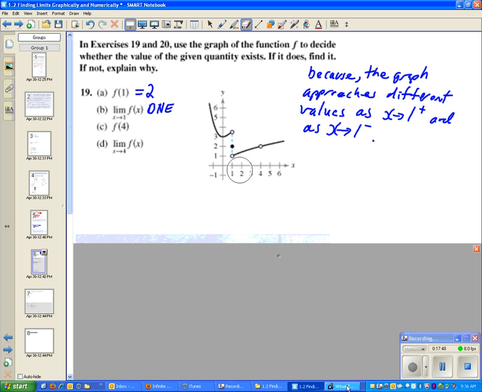All right? We good? Part C, what's f of 4? There's an empty dot. So f of 4 does not exist. And I'll finish the reason over here.